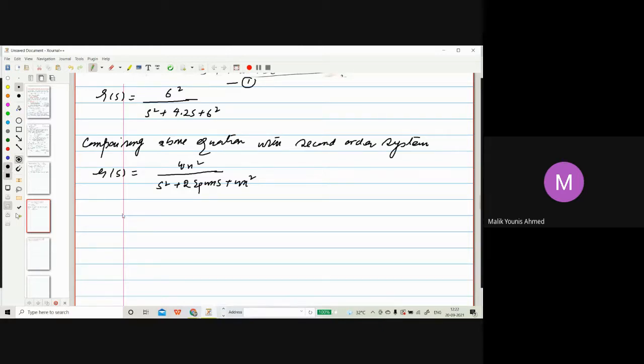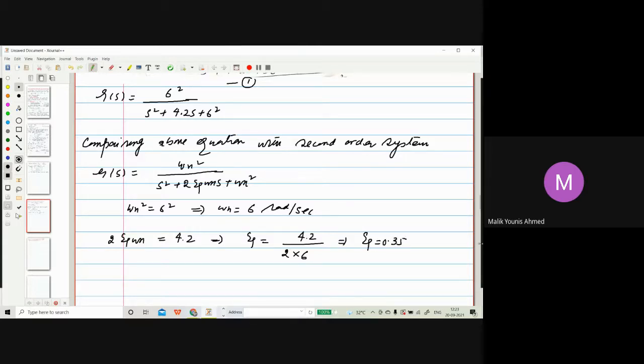By comparing, we can see omega n square is equal to 6 square, which means omega n is 6 radians per second. So omega n we have got. Now we know 2 xi omega n is equal to 4.2, so xi will be equal to 4.2 divided by 2 into omega n, that is 6, so 12. That will come out to be xi is 0.35.